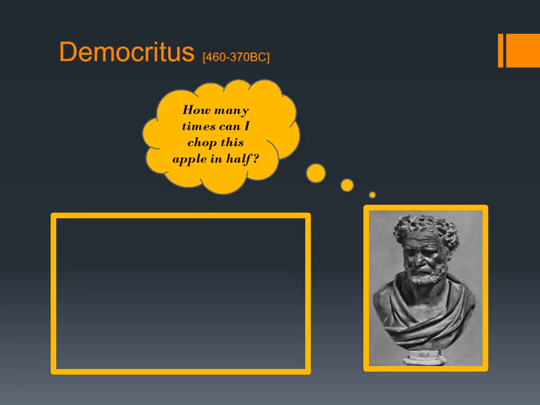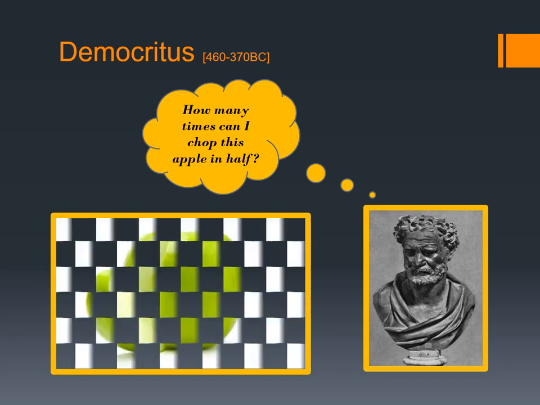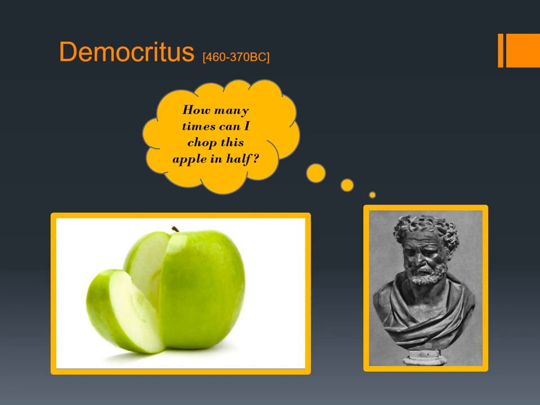So it's no surprise that we're going to be talking about atoms, and this is a concept that has been going on for centuries. In fact, Democritus was the first person, I think, in my mind to bring the notion up. He was sat under a tree one day with an apple and a knife, and he thought to himself, I wonder how many times I can chop this apple in half until I don't have an apple anymore, or I can't chop it into any smaller units.